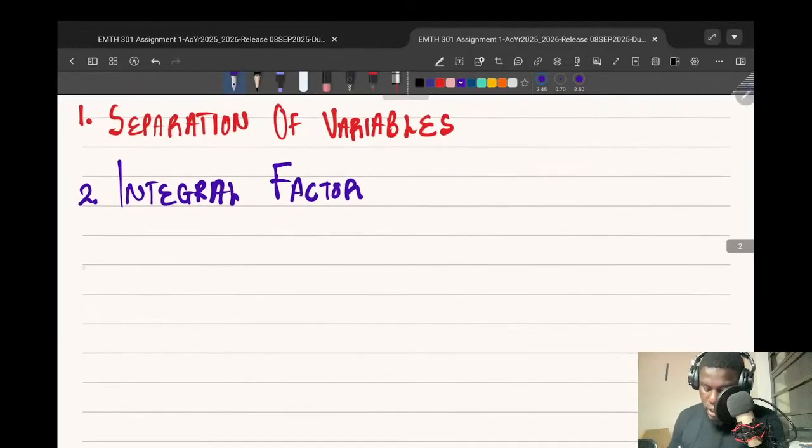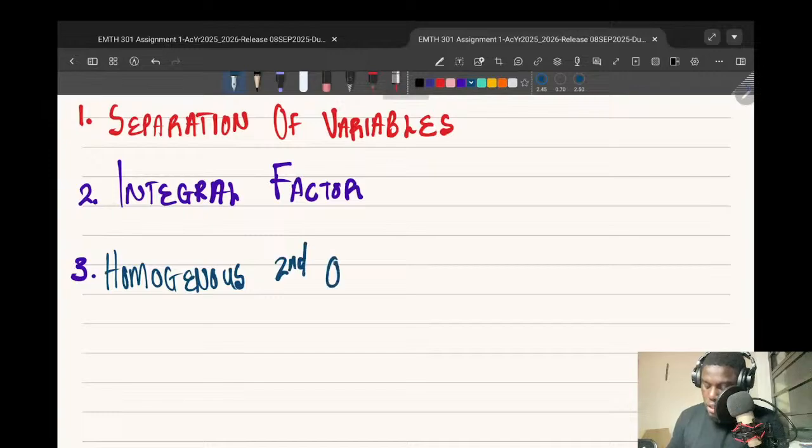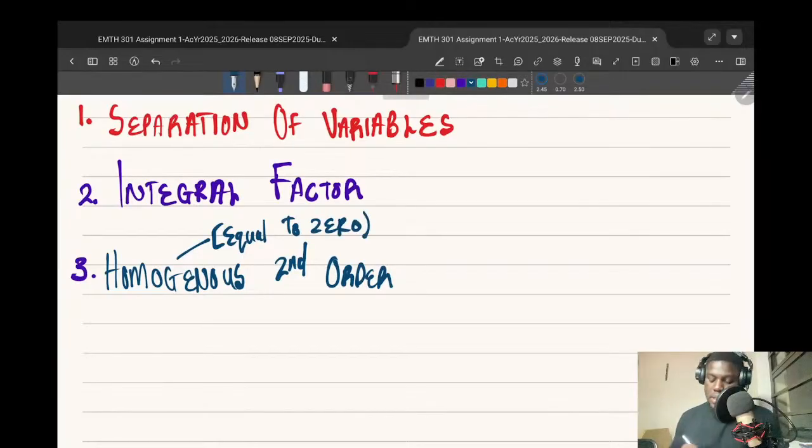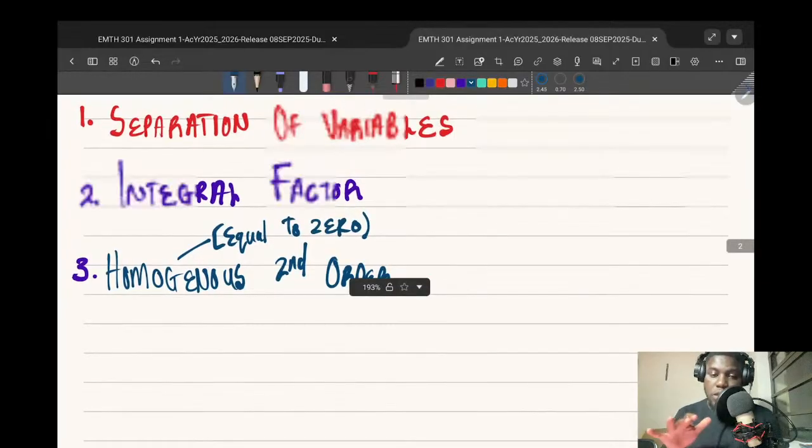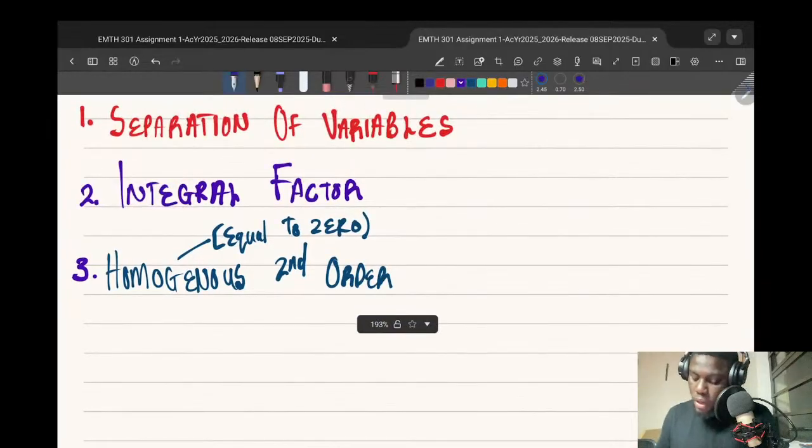Method number 3 is solving the homogeneous second order differential equations. Homogeneous means equal to 0. So here you are just going to say this is equal to 0, and it will be second order. What do you use to solve?